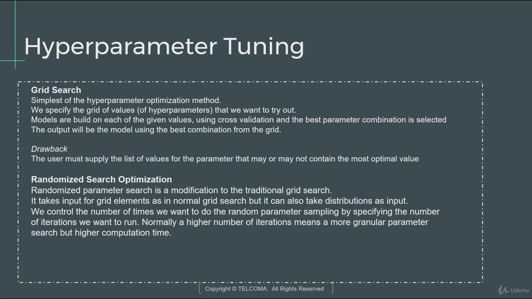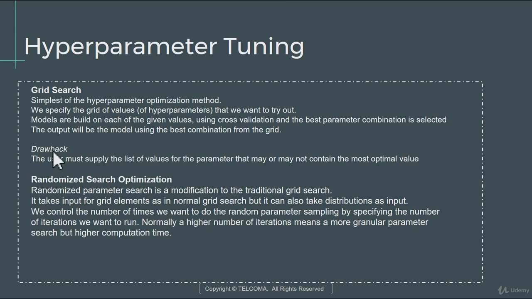It's fairly straightforward. You supply the list of candidate values that the algorithm should try, and from that candidate list, the algorithm chooses the best one after n iterations. N would be the total number of values you provided here. Now the biggest trade-off with this technique is that the user must supply the list of values for the parameter.